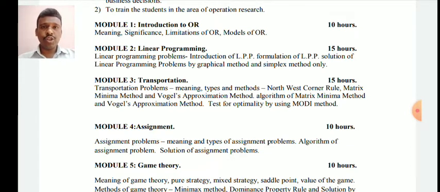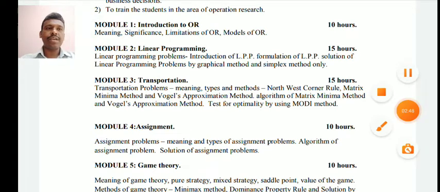A situation will be given to you, and you have to convert that situation into a problem and then solve it. That is known as formulation of an LPP. Then solution of LPP by two different methods in your syllabus: the graphical method and the simplex method.